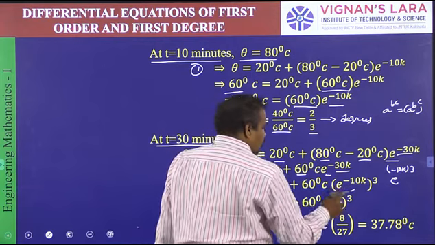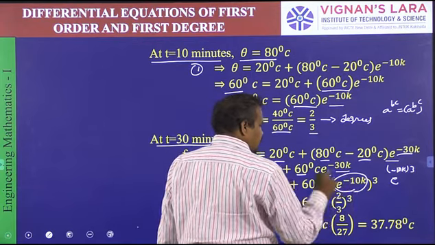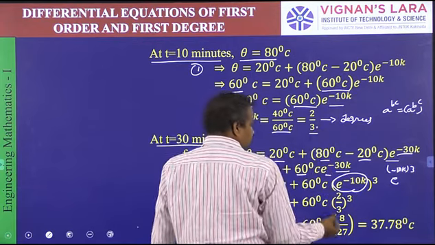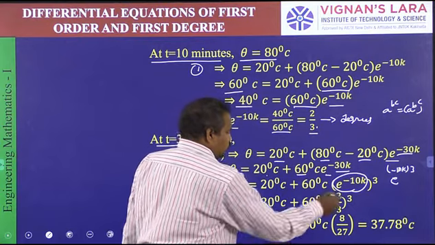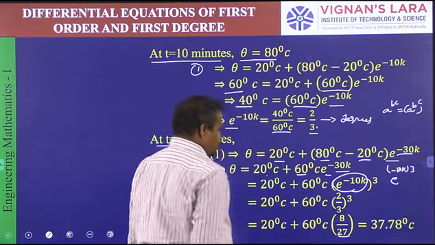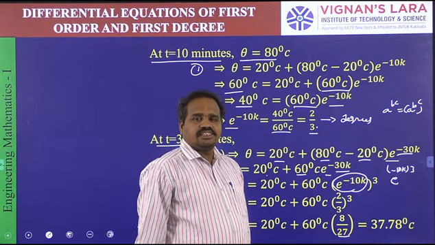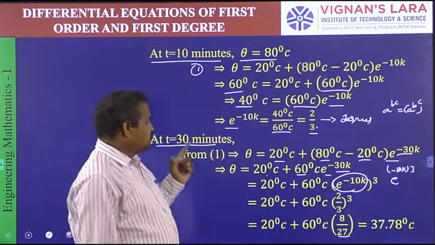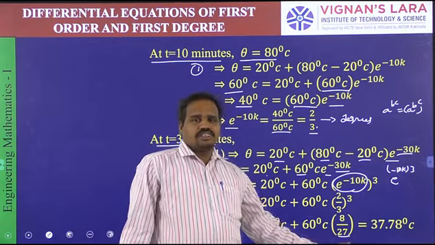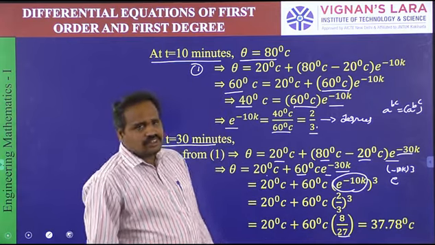Already you know the value of e power minus 10k. What is the value of that? 2 by 3. Substitute that here. So 2 by 3 whole cube is 8 by 27. If you simplify this, you will get 37.78, which is the temperature. Temperature is in degrees, so 37.78 degrees centigrade.